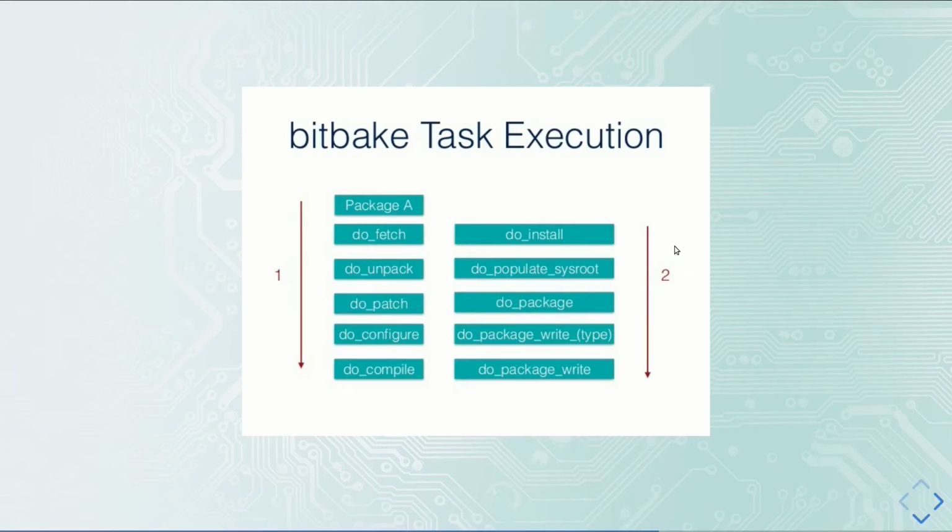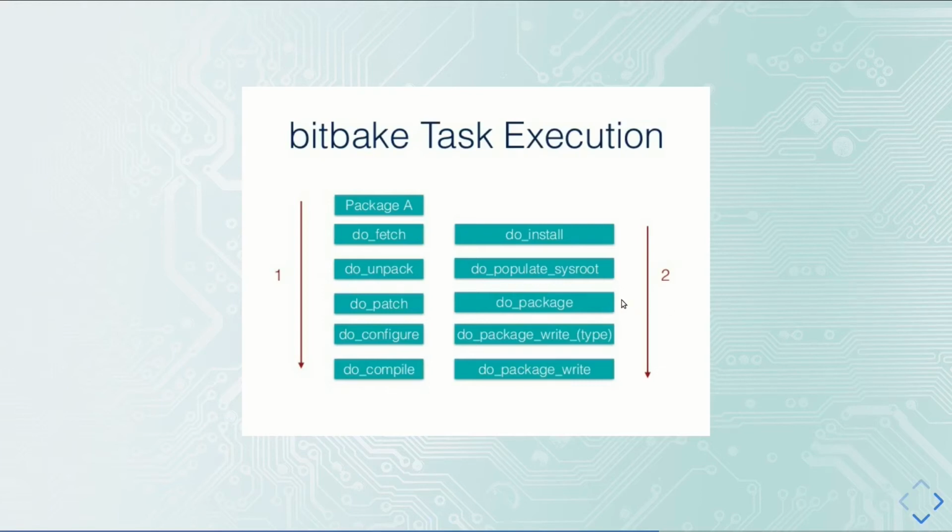there are all the tasks that BitBake performs to move the package that has just been compiled to the final image. So there is the do_install, like the one in the example of the previous slide, that tells where in the root file system to put the files related to the package. Then there is the do_populate_sysroot that takes all the root file system on the temporary working directory of Yocto, in what will be the final image.